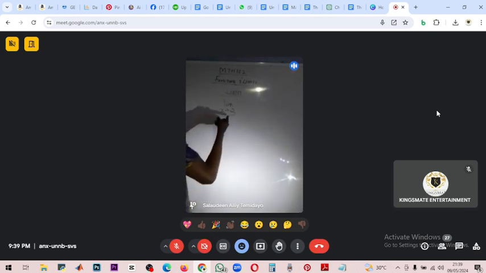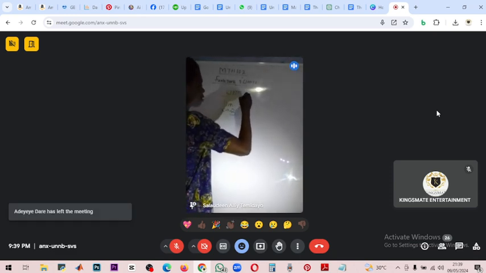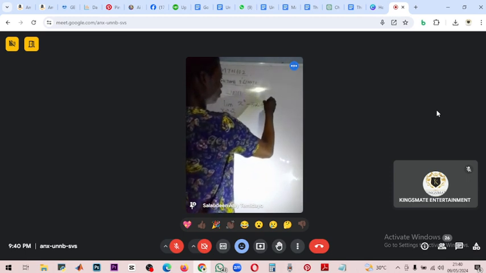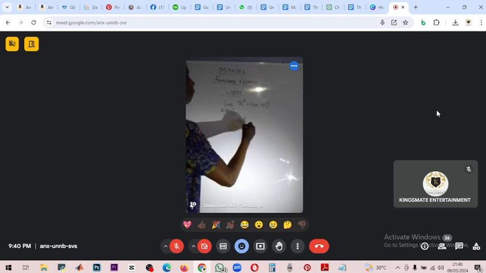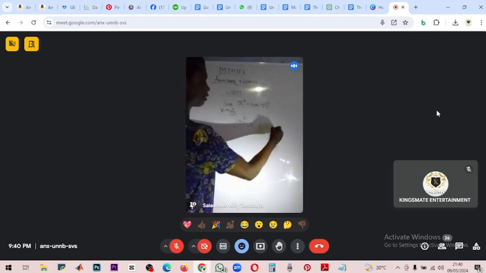Limit x as it approaches minus 3 for the function x cubed minus 3x plus 7. Shall we? Solution. Limit x as it approaches minus 3. That's minus 3 cubed minus 3 times minus 3 plus 7.